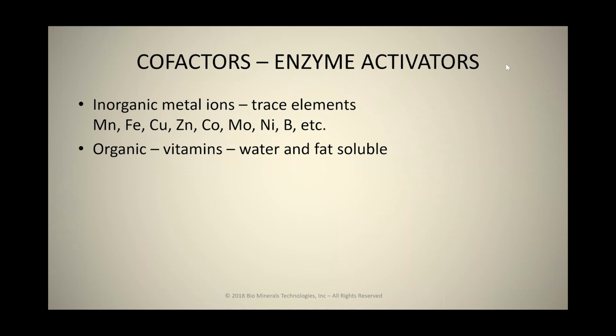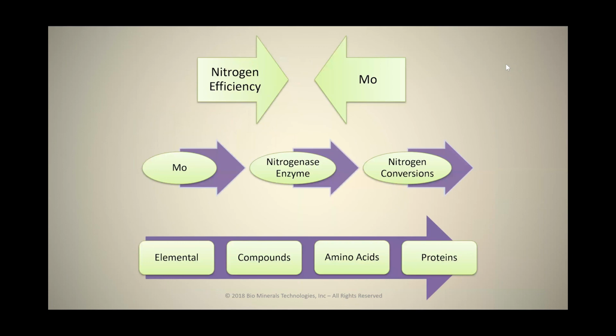There are trace elements, and then there are our organic vitamins, our fat and water soluble vitamins. Nitrogen efficiency is directly affected by the presence of molybdenum. Molybdenum runs the nitrogenase enzyme, which converts nitrogen into various forms. So we can go from an elemental form, N2 gas, into a compound, into amino acids, into proteins.